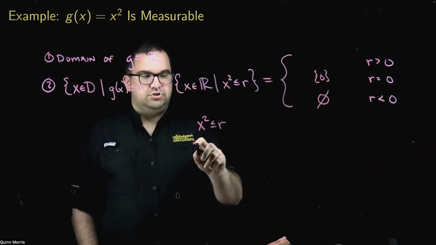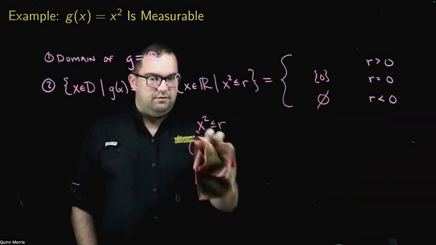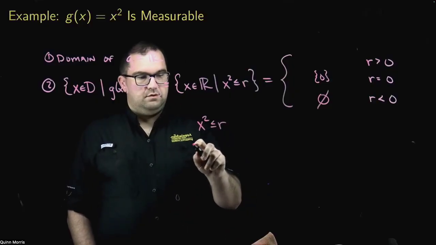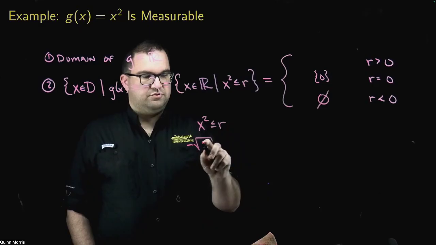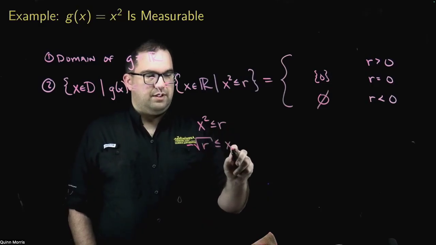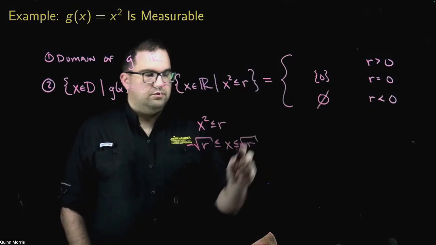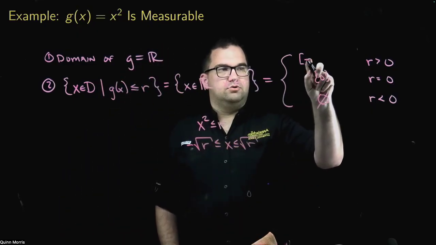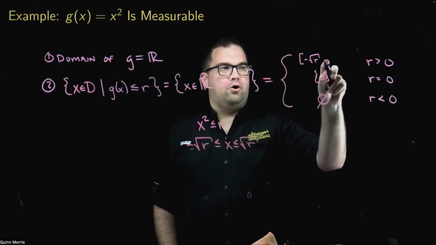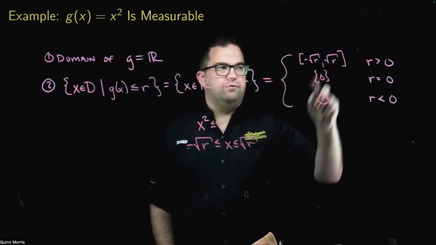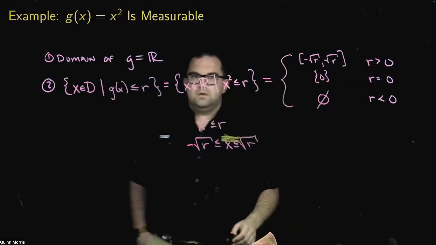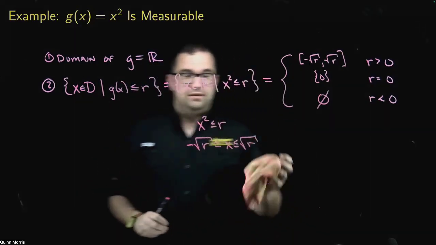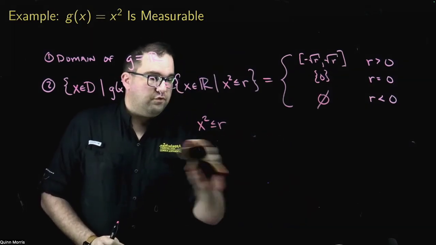My solutions would look like negative square root of r is less than or equal to x is less than or equal to square root of r, or written a different way, the closed interval from minus square root of r to positive square root of r. So notice that the form this set takes does depend on my value of r.